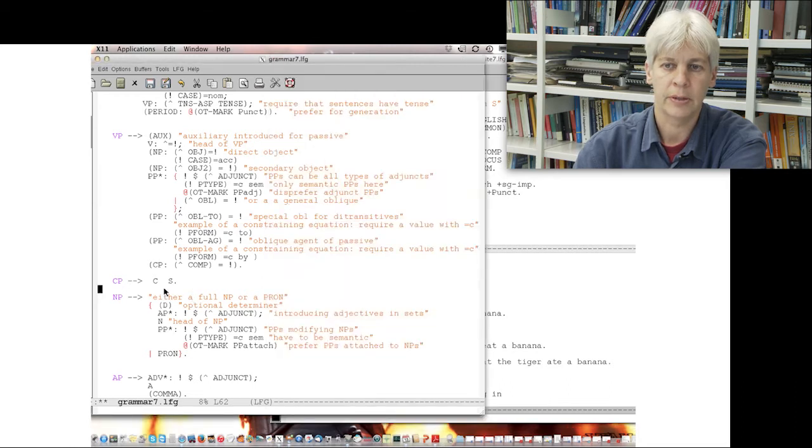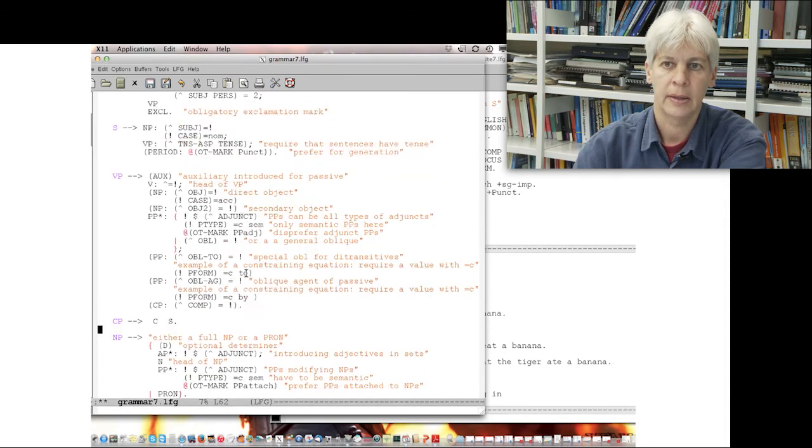And notice that we've built recursivity in here already because the S rule is being called within the S rule. The S rule expands to NP-VP. VP expands to all these things, including optionally CP. The CP expands to complementizer and S. And then you can start the circle again. So we've got recursivity built in here.